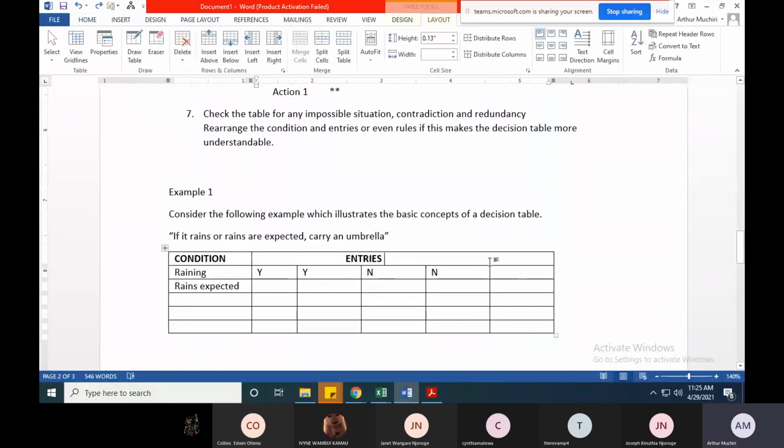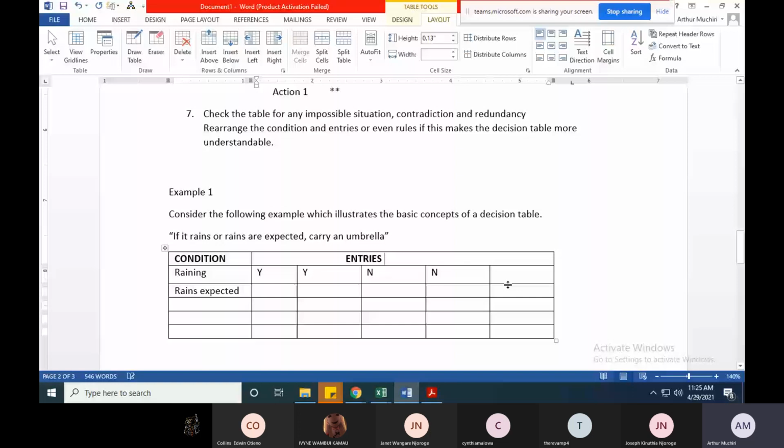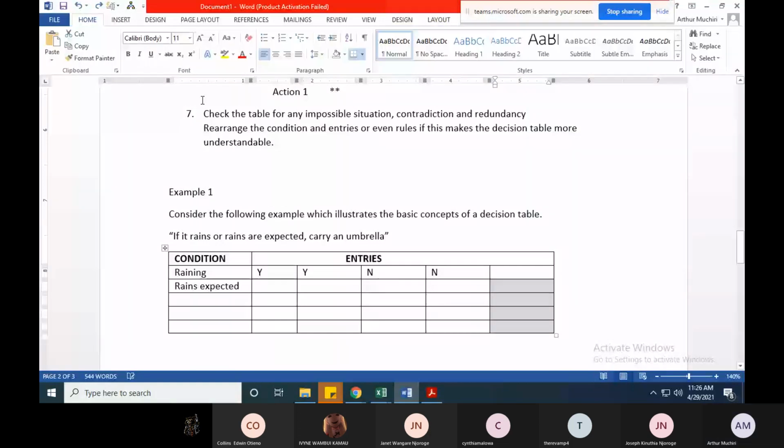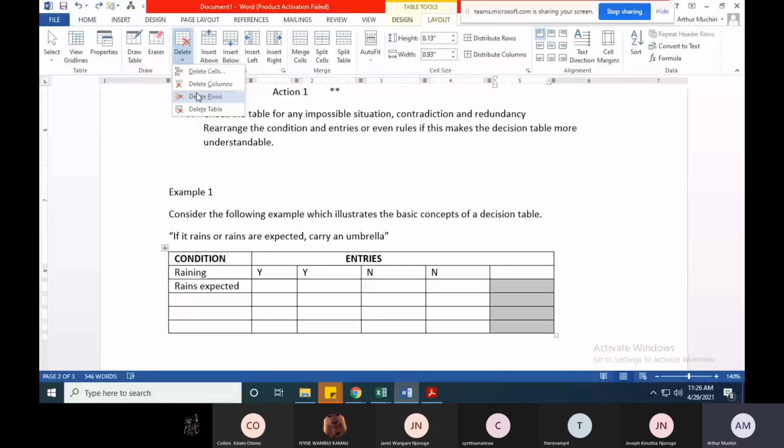We need to delete this particular column, but let's just leave it for now. How do I get rid of it? Delete rows. Delete columns. That one is not working.